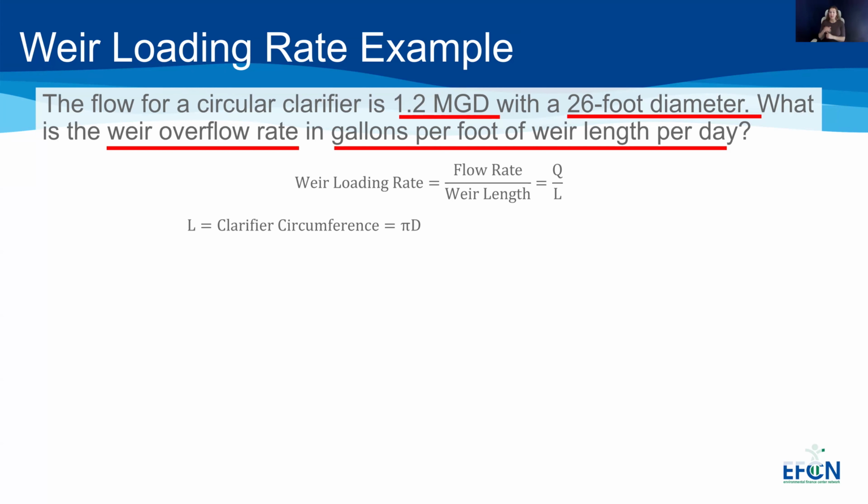And for circular clarifiers, we always want to remember that that weir length is going to coincide with the whole perimeter of the clarifier, which is why we use the clarifier circumference to calculate it, because they're the same thing. The clarifier circumference is going to equal the clarifier perimeter.